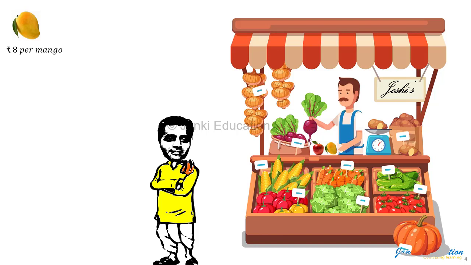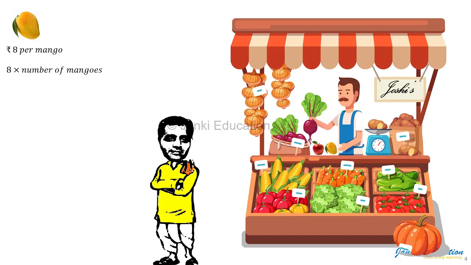How much total amount will he pay for purchasing mangoes? Listen to my question carefully. That depends on the number of mangoes he purchased. So the simple calculation is Rs 8 times the number of mangoes, right?